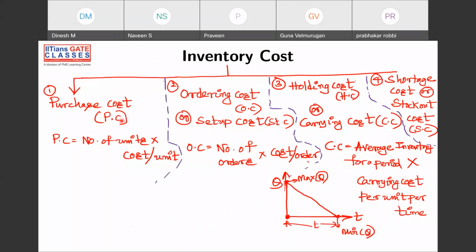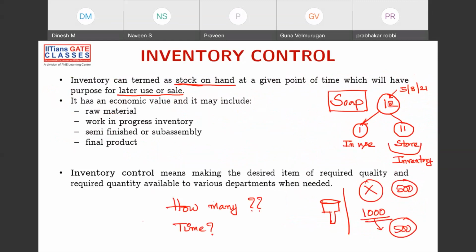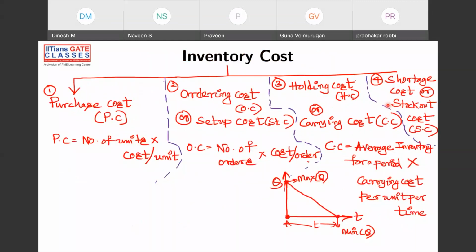Obviously, if you're going to buy soap, let's say that each soap is 40 or 50 rupees, and in one go you're buying some 12 soaps. You have seen 12 soaps, right? So 12 soaps into 50, you are spending 600 rupees. That is the purchase cost for buying 12 soaps.